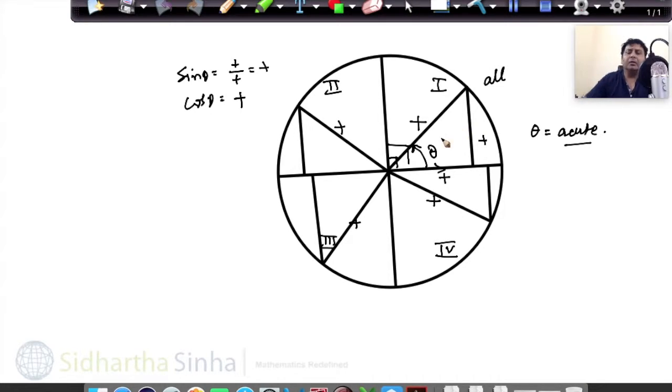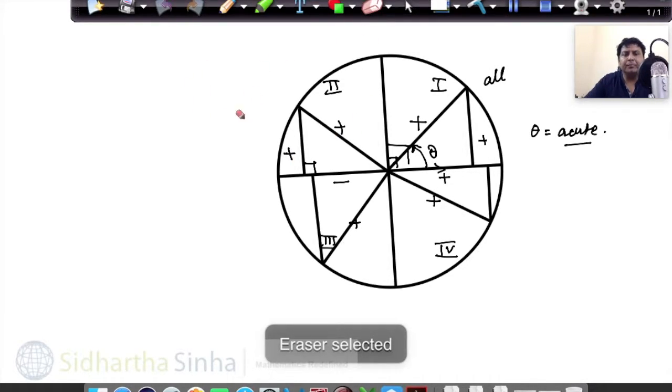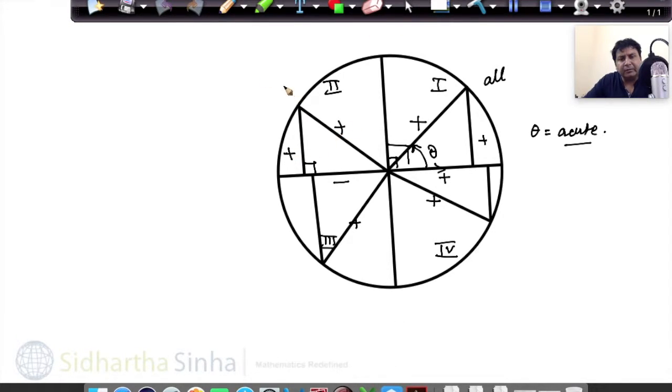Now, let's take the second quadrant. This part of the x-axis is negative and y is positive. So in this right angle triangle, when I write sine, I get positive upon positive, so sine is positive here. And clearly 1 upon sine theta, which is cosec theta, will also be positive.